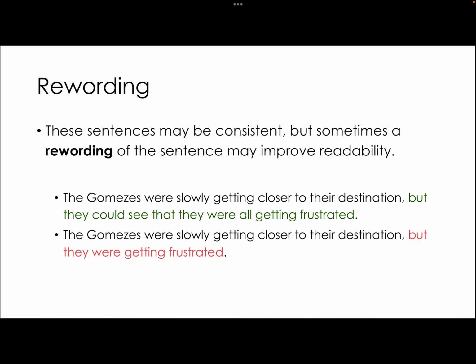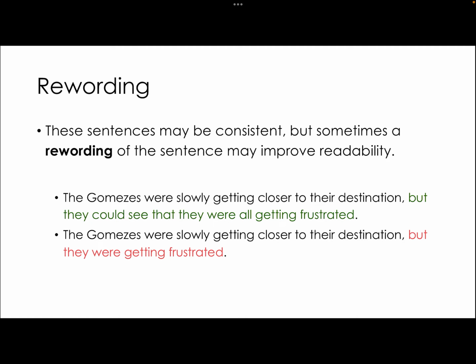Okay, let's go to the next slide. Rewording. So these sentences may be consistent, but sometimes rewording a sentence may improve readability. So we eliminated the elements of inconsistent point of view. But we can stop there, right?